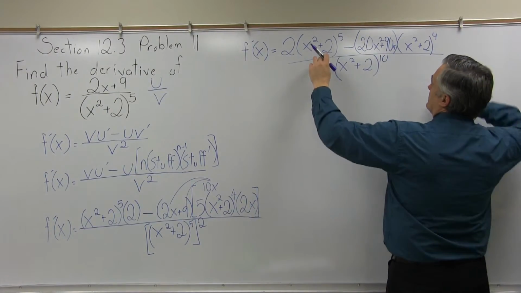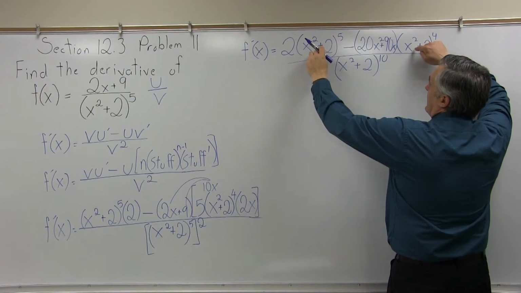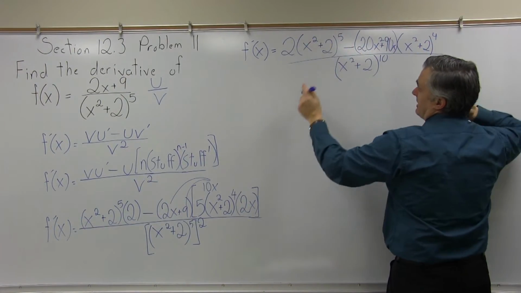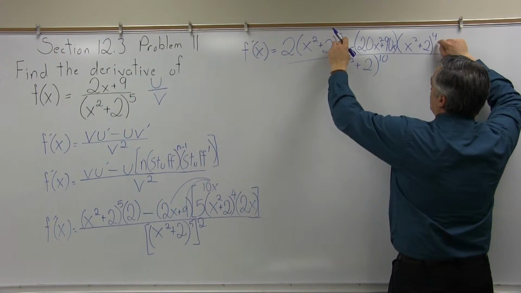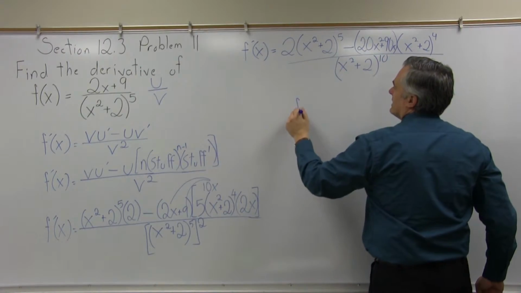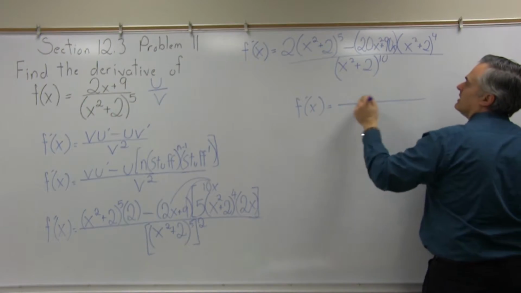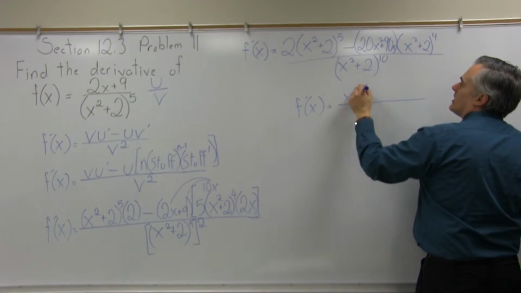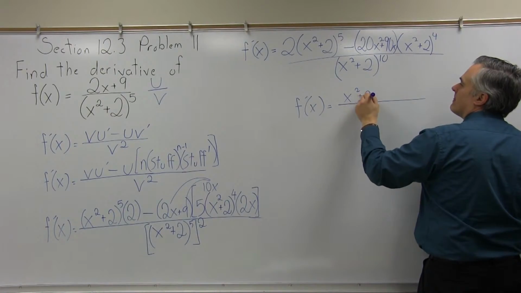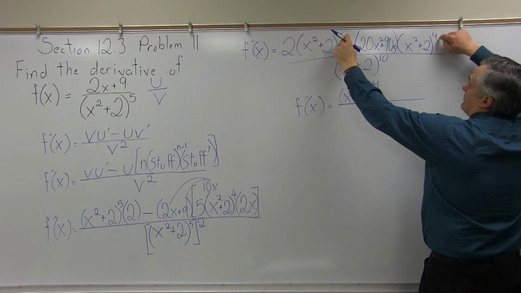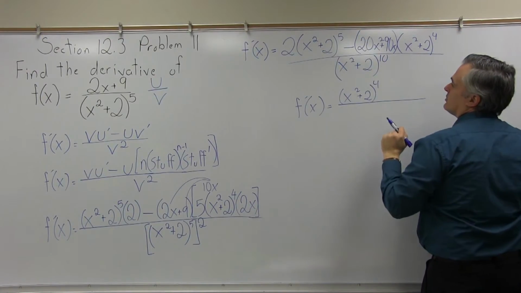When you have a power to a power, you multiply the exponents. Now, notice in the numerator, I have x squared plus 2 showing up in both pieces that are separated by a minus. So I can factor out as much as a 4th power if I want to clean it up a little bit. So f prime of x equals (x squared plus 2), and I'm going to take out to the 4th power because I have up to 4th power in every piece in the numerator.